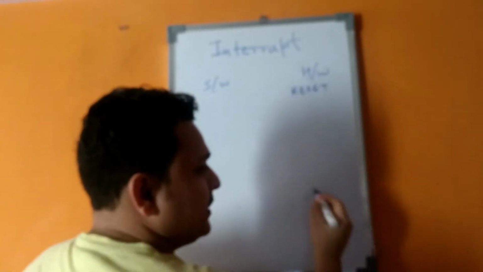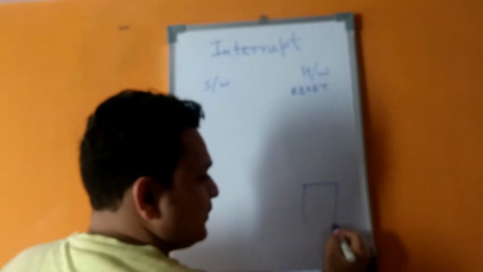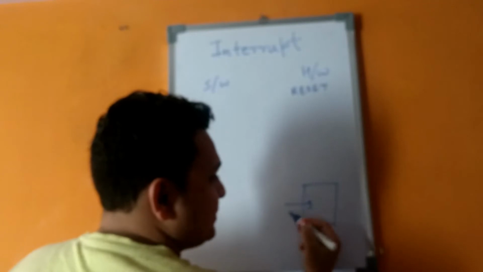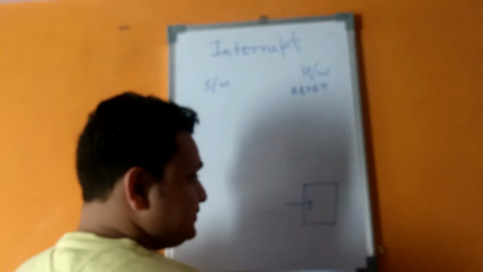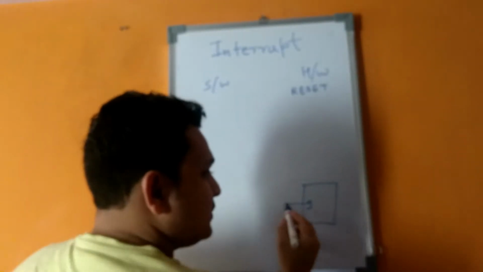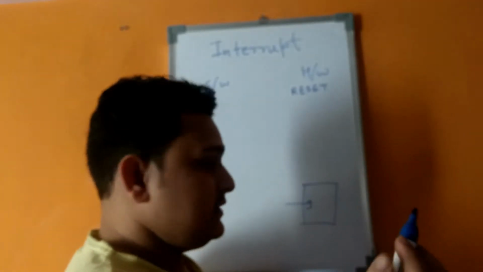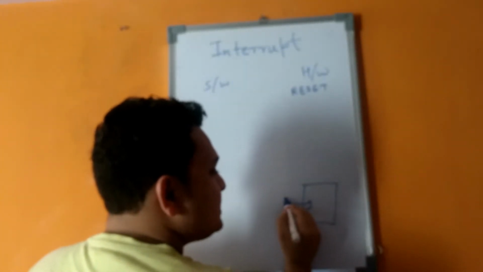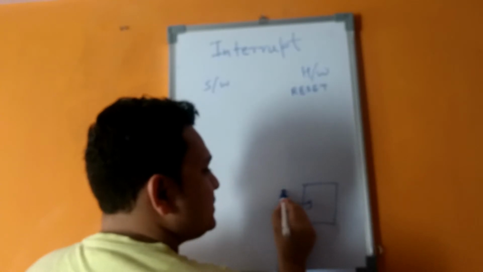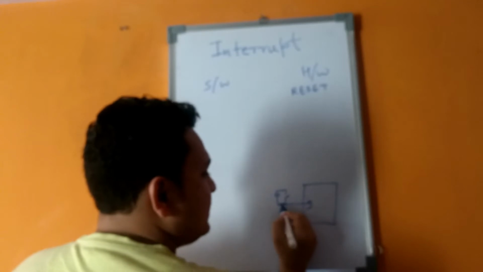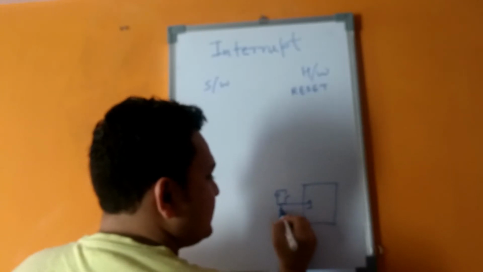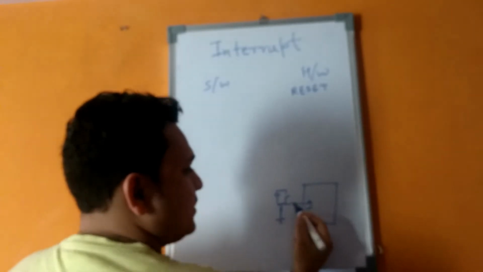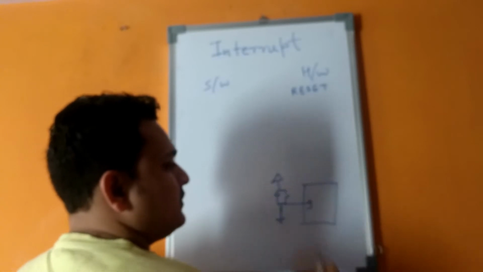There is one pin in the 8051, which is pin number 9. If you see the operating circuit, this pin is bypassed with a switch. There is a capacitor and a resistor to the ground, and this is VCC.